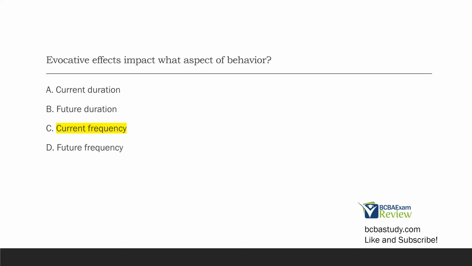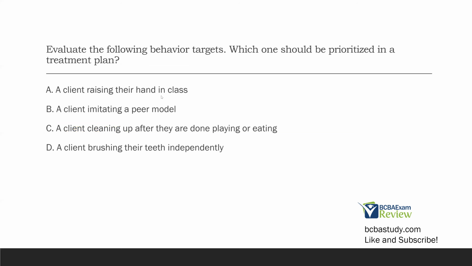Once you review it and understand it fundamentally, it becomes very simple. We don't want to miss questions about motivating operations, SDs, reinforcers, punishers. These are the fundamentals, okay? Make sure you have this stuff down. Additionally, all of these fundamentals build into the harder material, okay? So again, evocative effects, which are motivating operations, which are antecedents, impact current frequency. Consequences, right, impact future.